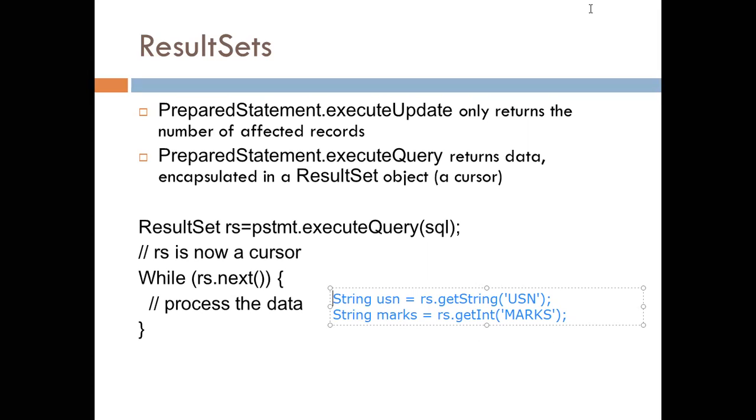Put all these USNs and marks in an array; once we come out of the while loop, we will have an array with all the USNs and marks. So this is how we process the result set. Whether to use getString, getInt, or getDate depends on the data type that we have used in the database.